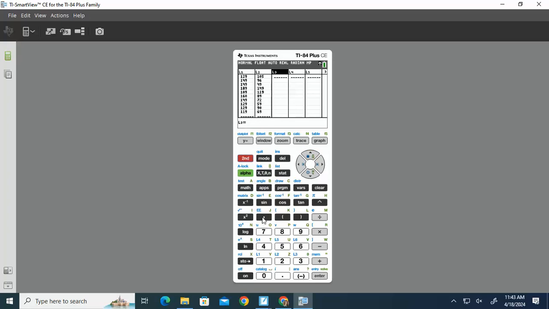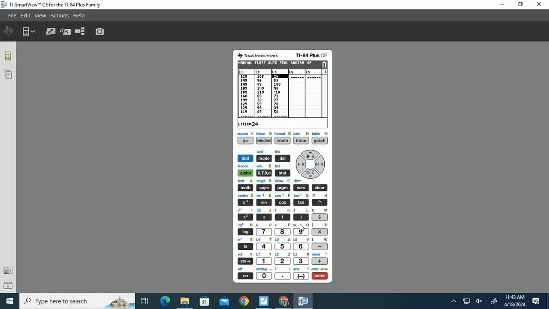So if you do second 1, that's list 1, minus second L2, and hit enter, it will automatically subtract them all for you. So we went up onto our L3, and it says L3 equals, and we do L1 minus L2, enter, and it will give you all of those.